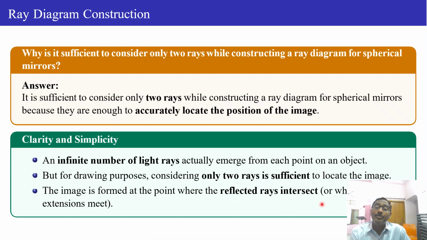Or if they are not intersecting, if you extend the reflected rays backside of the mirror, it will appear that they are intersecting behind the mirror. So there the image will be formed. That is a virtual image.